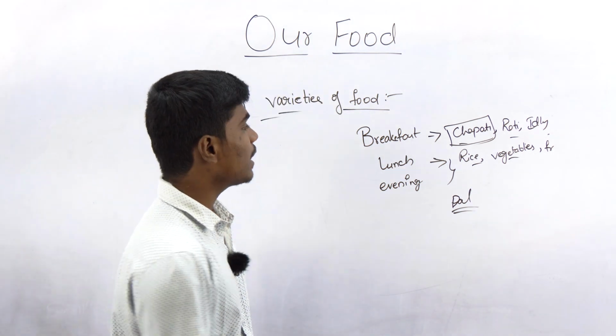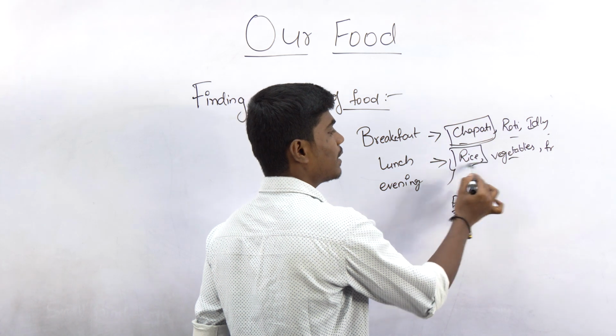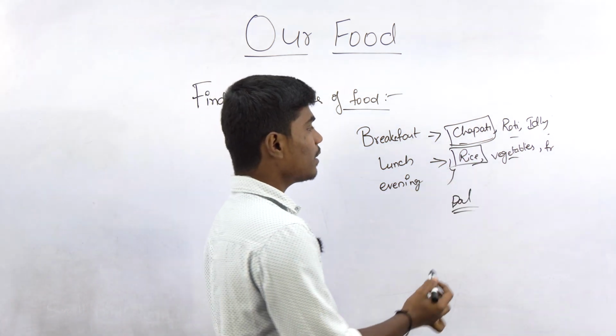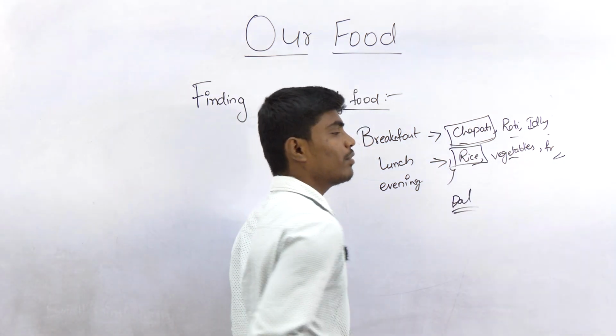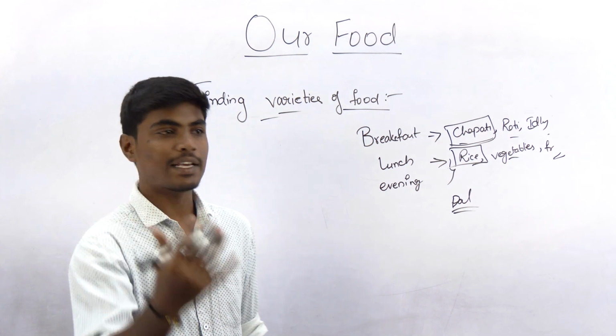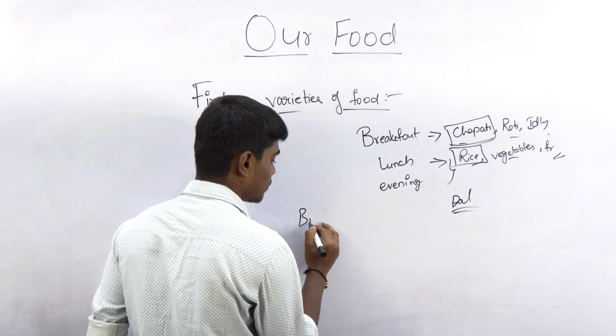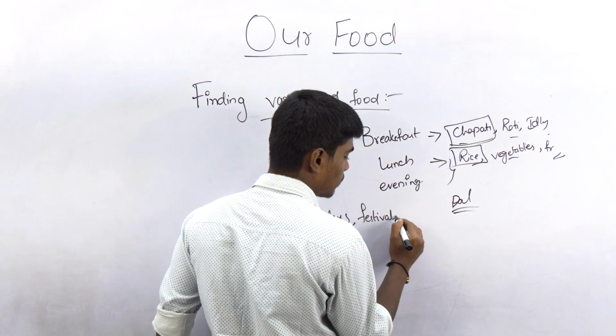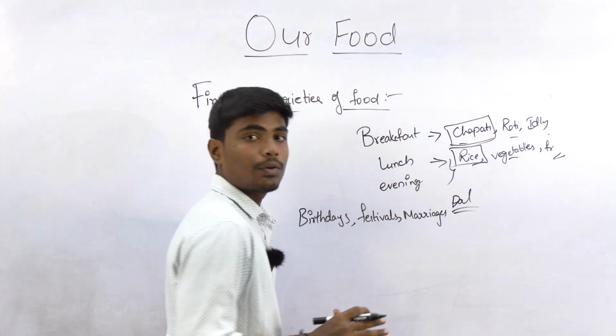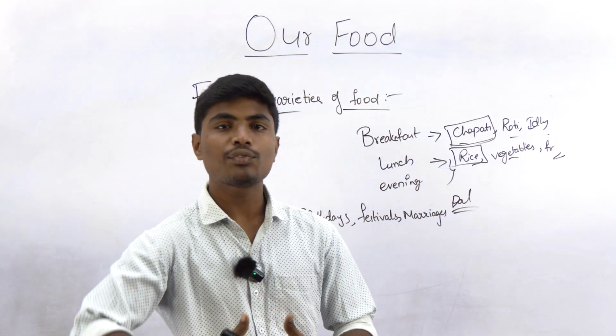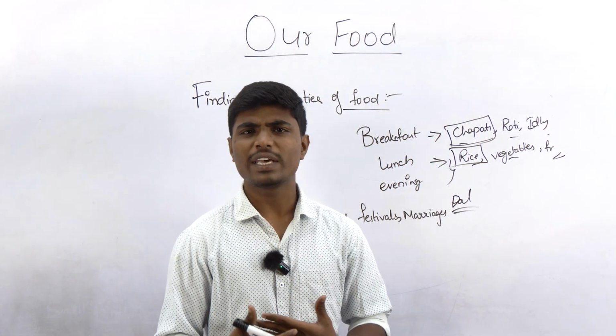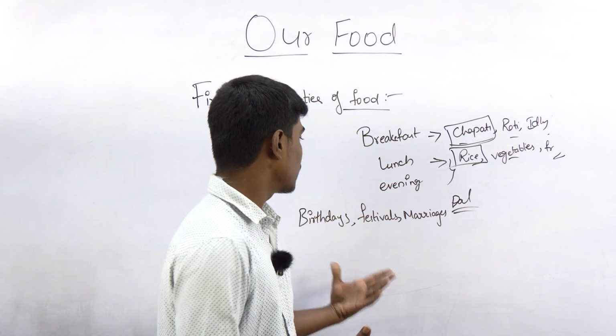In our Telangana, we commonly eat rice, and generally the food menu is this in our day-to-day life. But on special occasions like birthdays, festivals, marriages, we eat a large variety of food items like biryani, sweets, puddings, and so on.